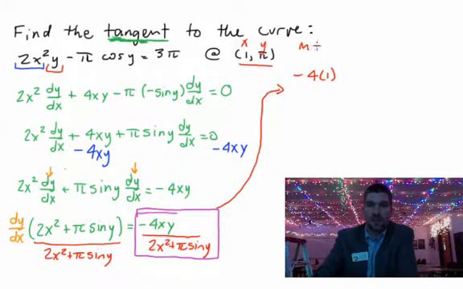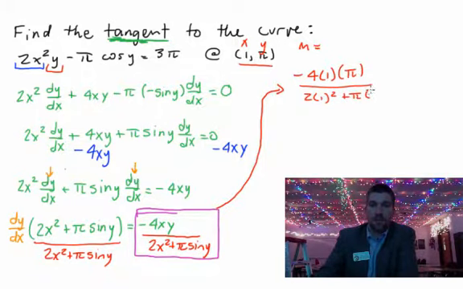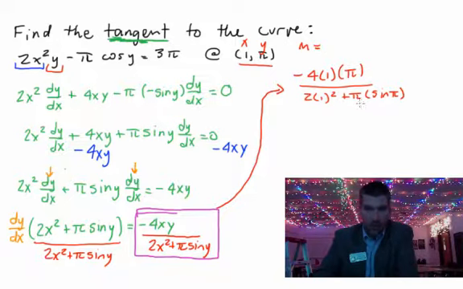Remember, here's x, here's y. I just need slope. So we're going to do that: times pi, over 2 times 1 squared plus pi times sine of pi. Okay, now clean this up, work it out a little bit, get comfortable with it, make it yours.